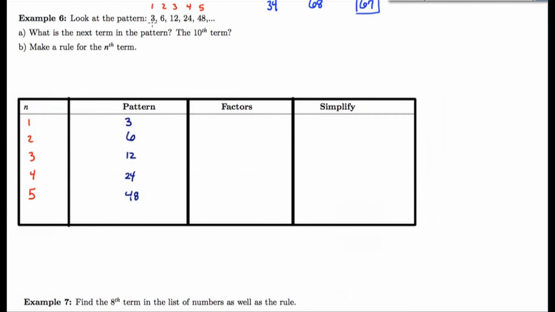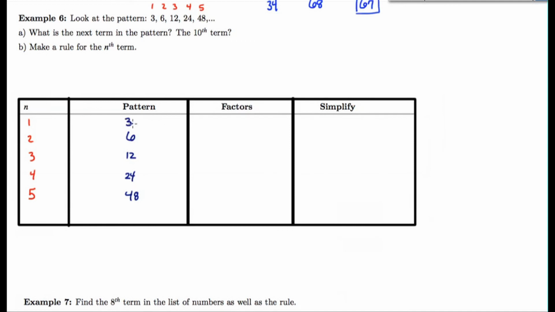Like to go from 3 to 6, you could say, okay, well, just add 3. But then immediately that pattern is broken going from 6 to 12 because we're not adding 3, we're adding 6. So just multiplying by a number that we did in the first couple of examples is not going to work for this.